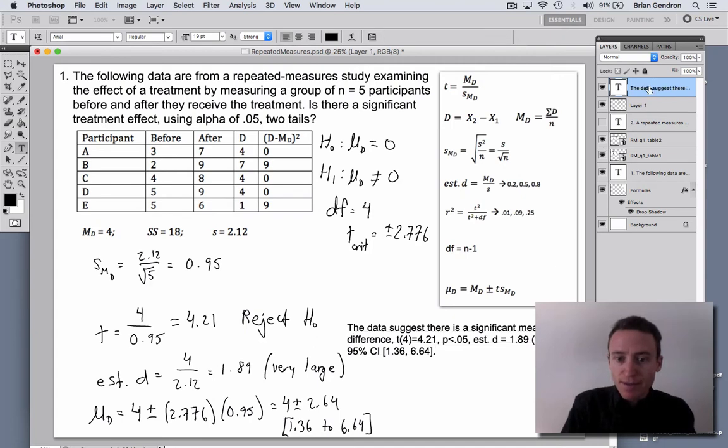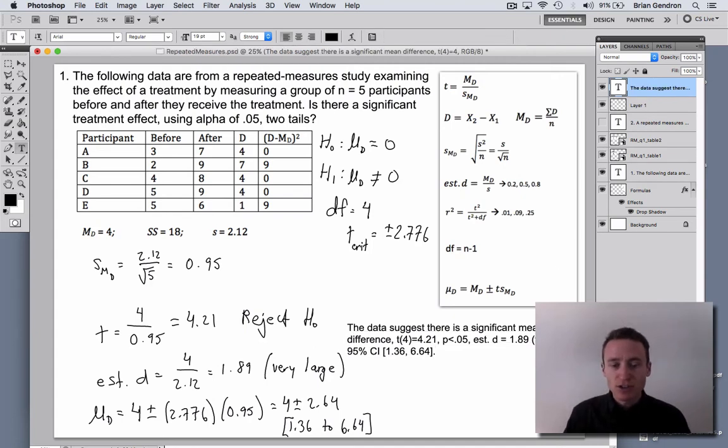Okay, so something like that is your conclusion statement, and that's what might be included when a researcher finishes their study and they go to write up the results so that it can potentially be published in a scientific journal.